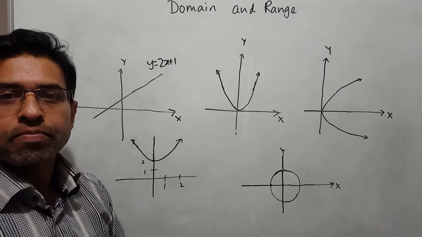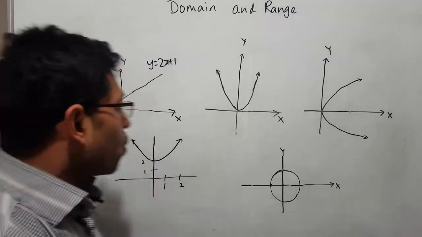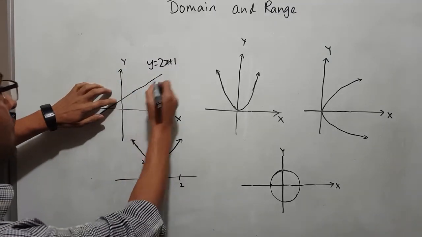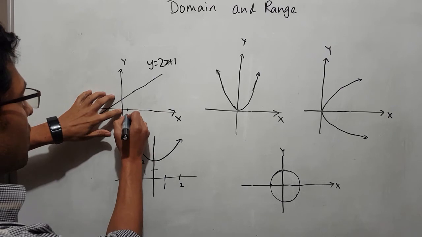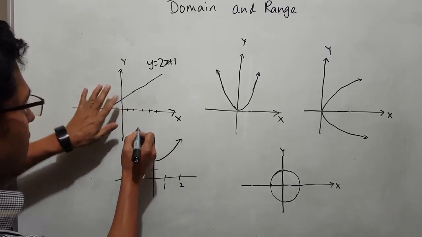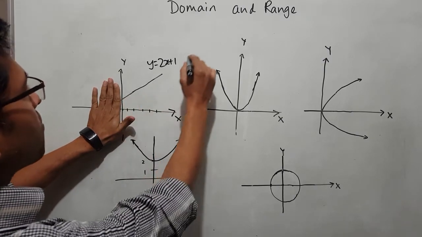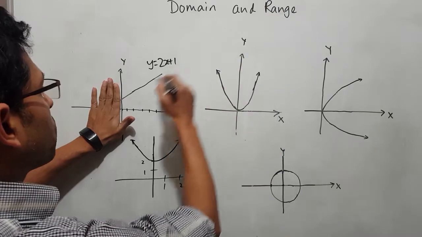How? As I said, the domain is the values of x. What are the possible values of x for this graph? If you look here, 1, 2, 3, 4, 5, we are going through positive values of x. If you hide the negative side, you can see this graph is going unlimited, up to positive infinity.